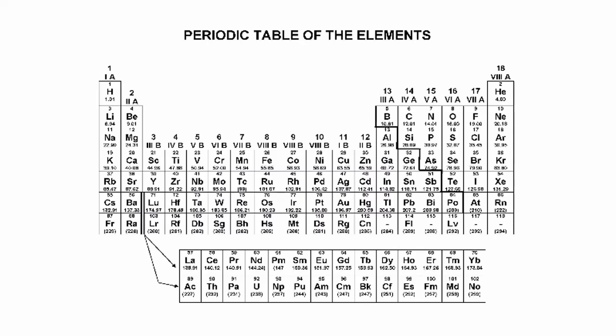So let's look at iodine here, for example, on the periodic table. Now iodine is atomic number 53. So here's iodine, big ol' I. And iodine is atomic number 53, which means there are 53 protons in the iodine.